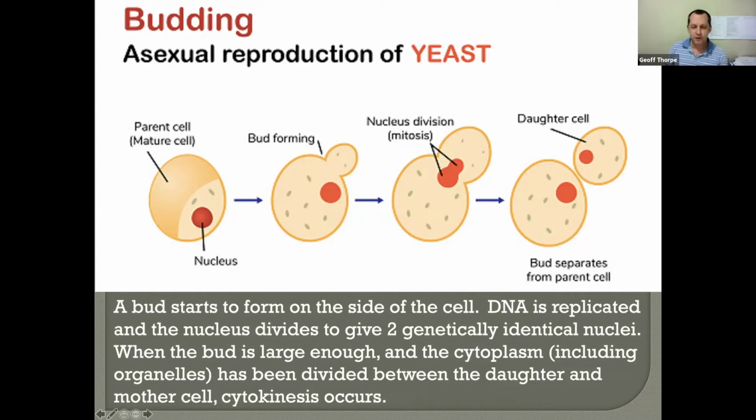Then we'll have mitosis, where the nucleus will divide, and eventually when the daughter cell has grown big enough, the two will separate, and we'll have a daughter cell and a parent cell. The daughter cell will continue to grow until it reaches a size big enough where it may then become the parent cell, and a new daughter cell will bud off there.